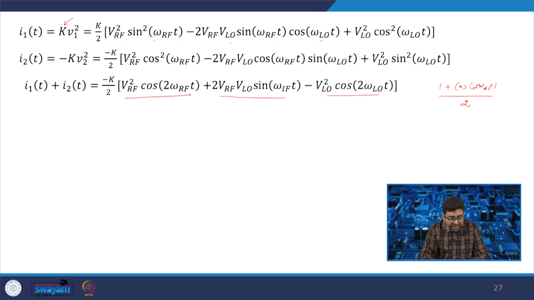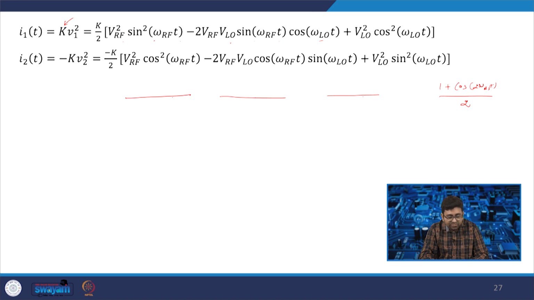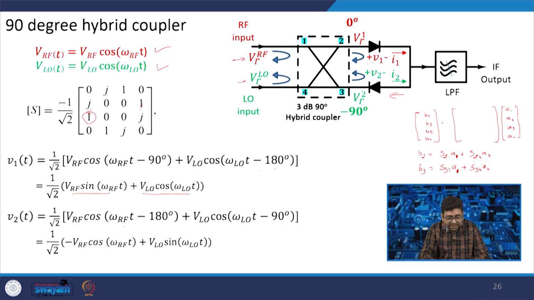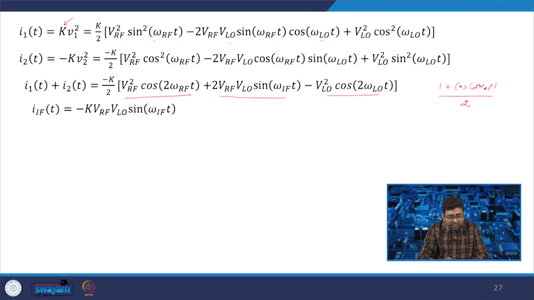That is why the filter is very important in this circuit. This low pass filter is important so that it can filter out all other frequency components that are not the desired frequency component. So we can write I IF t, which is minus k VRF into VLO sin omega IF t.